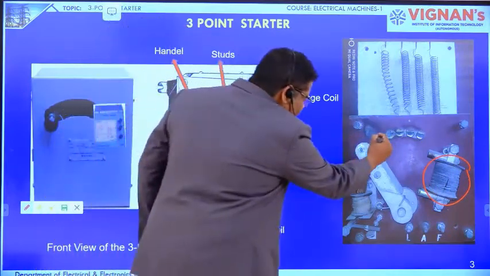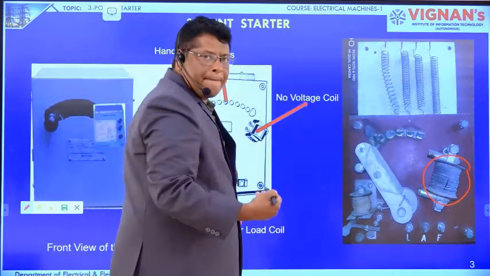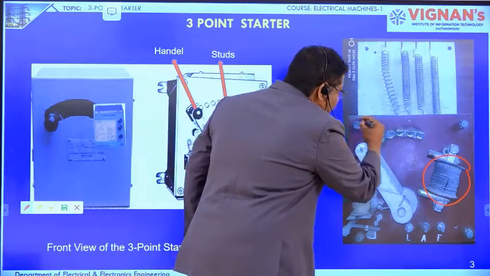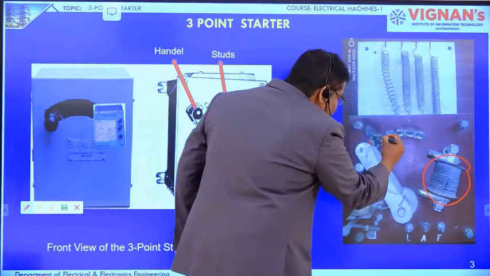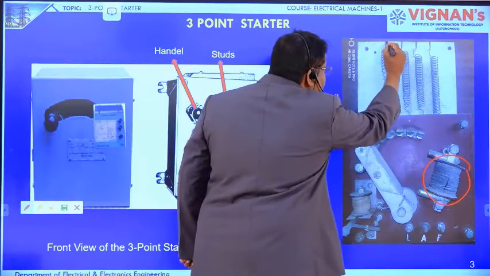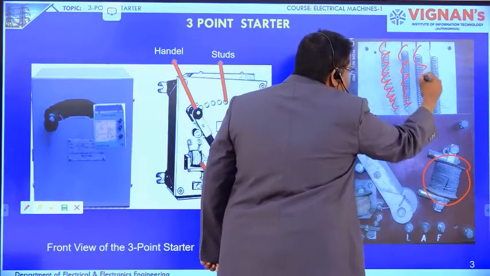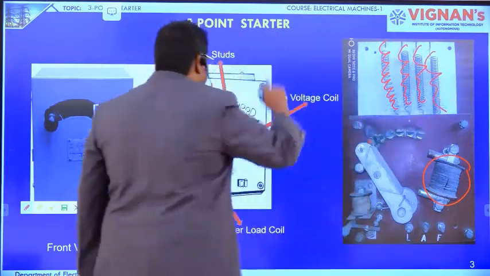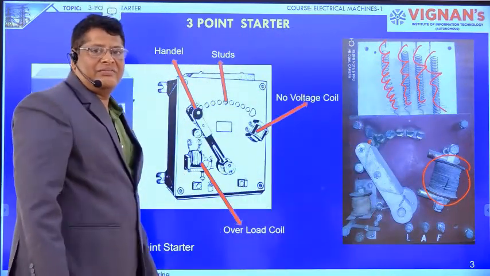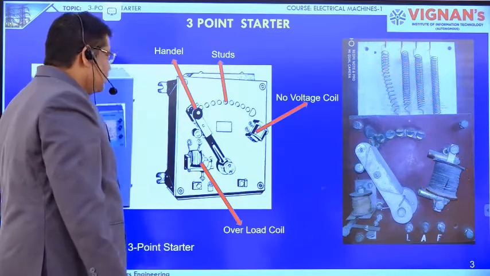Between the studs, on the back side of the Hylam sheet, the studs are connected to the resistances. We cannot see these resistances in this diagram, as they are on the back side.